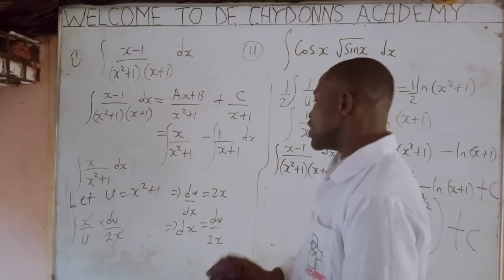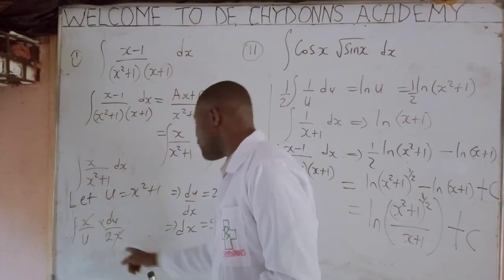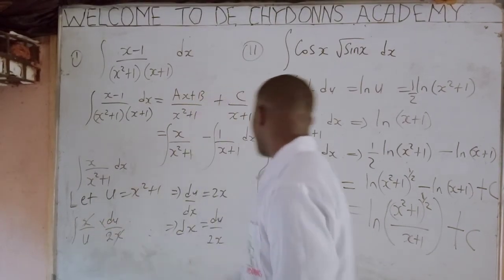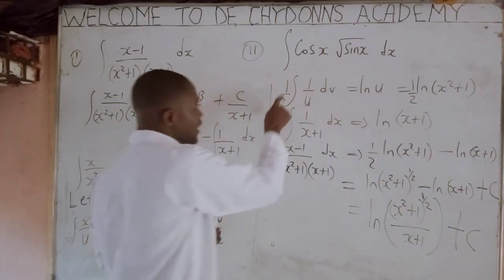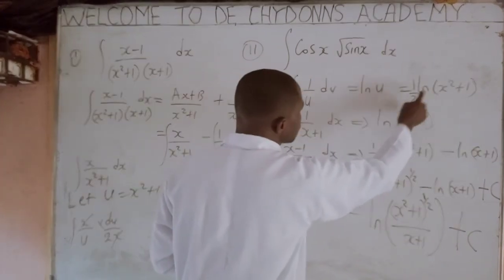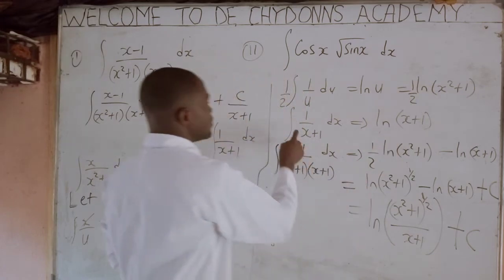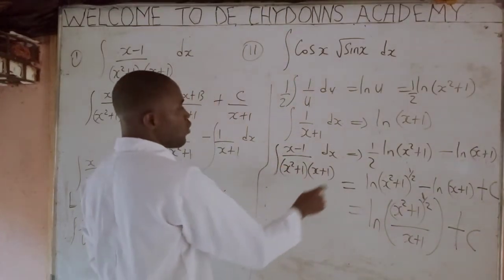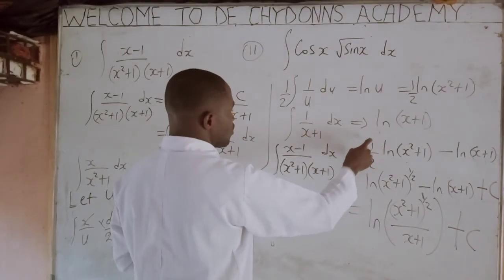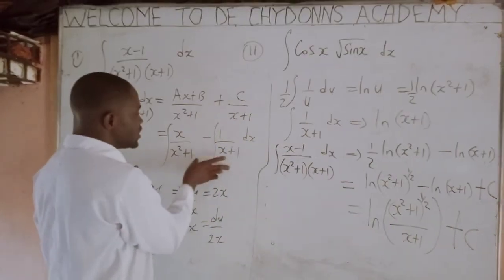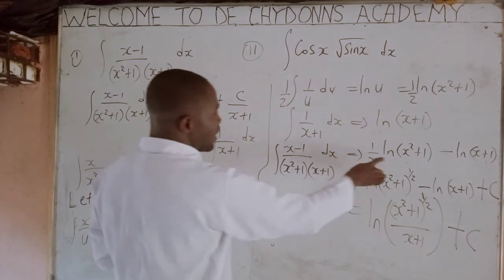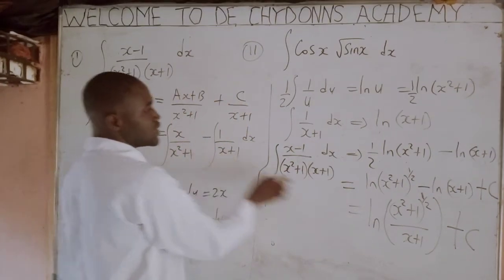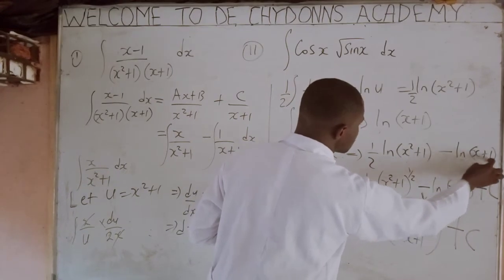Please don't forget this du over 2. Don't forget this over 2 we have. While bringing it here, you now have 1 over 2 ln of x squared plus 1. Then integrate this, ln of x plus 1. When you package these two, integrate this, it gave us 1 over 2 ln of x squared plus 1. Integrate this to give us ln of x plus 1.